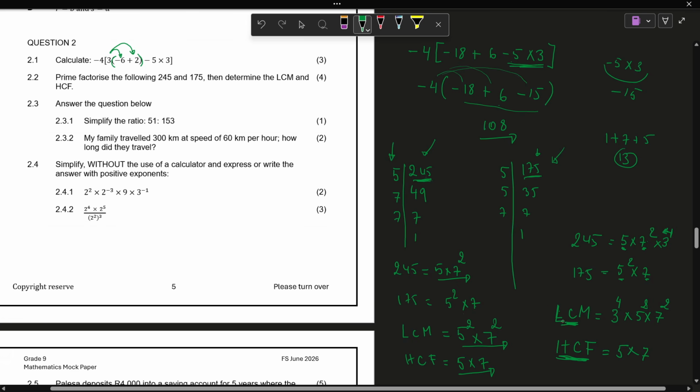So this name lowest can be quite deceiving. When you see lowest, that's when you need to choose the highest exponent. And when you see highest common factor, that's when you need to choose the lowest exponent. So that's how you need to understand it.